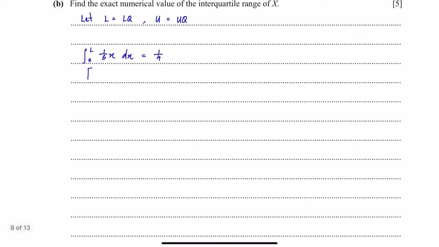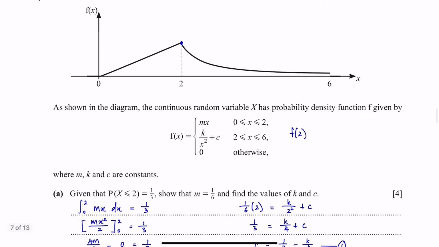We integrate this, we would get x squared over 12 equals to 1 over 4. So L squared over 12 equals to 1 over 4, and L squared would be 3, L would be root 3. L cannot be a negative value because the x is just from 0 to 6.